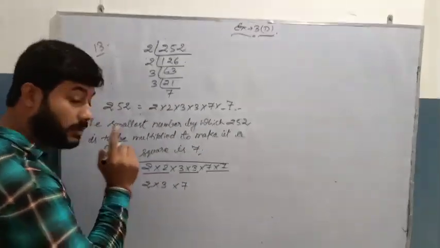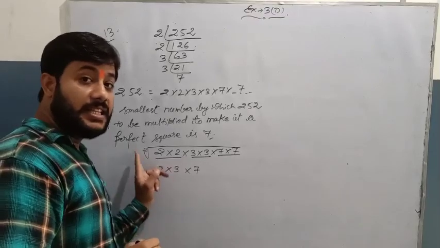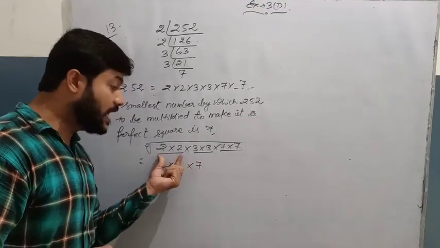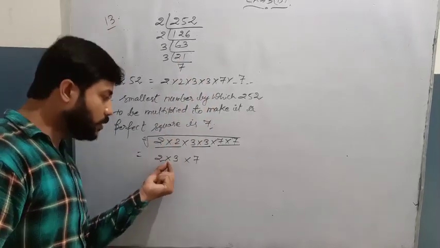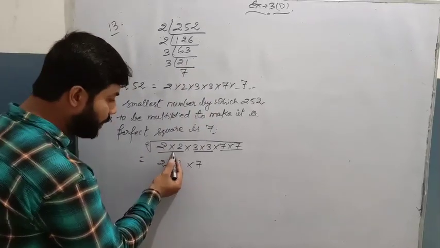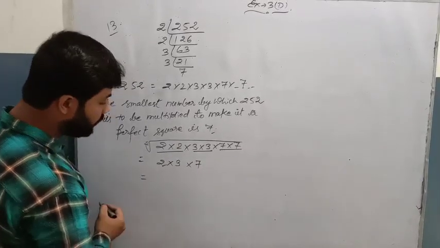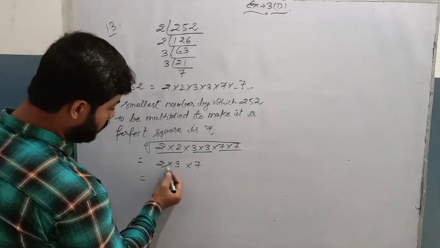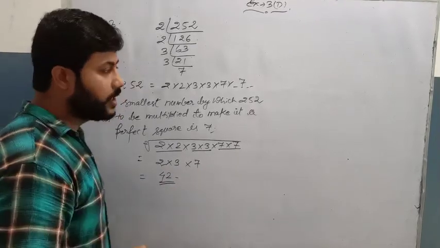The square root means that inside it, if we are having a set of prime numbers, we will take out only one of it. So we have taken 2, we have taken 3, we have taken 7. So that will be 3 twos are 6, 6 sevens are 42. So this will be your answer.